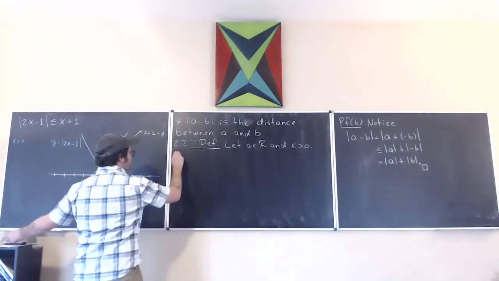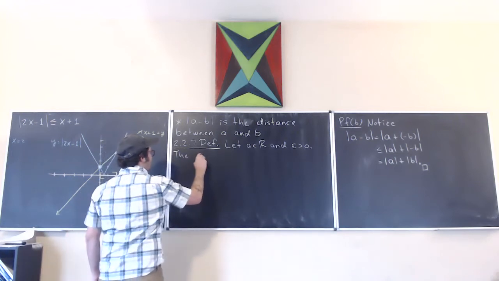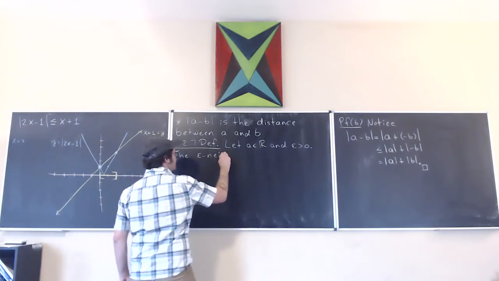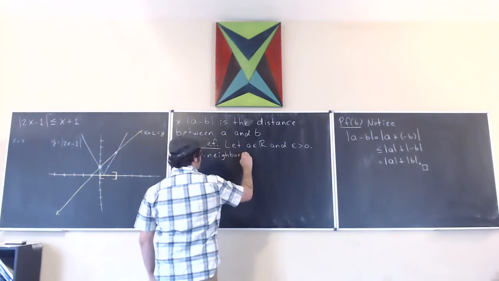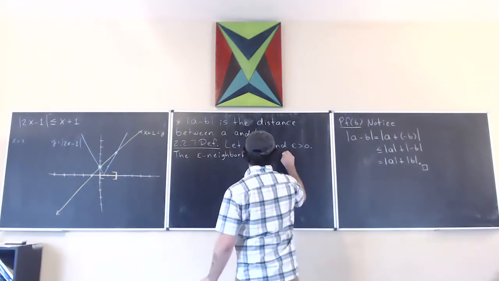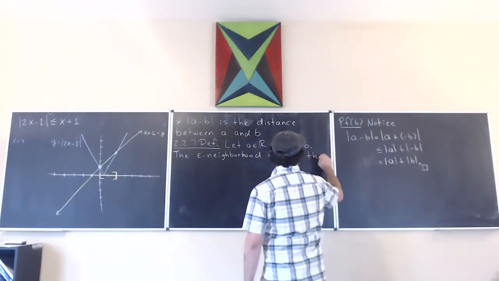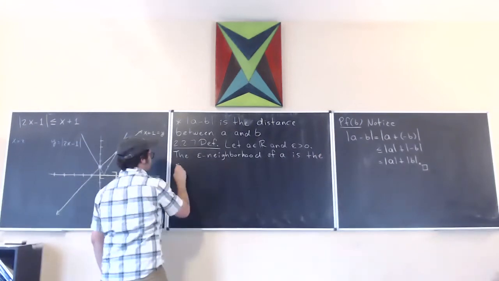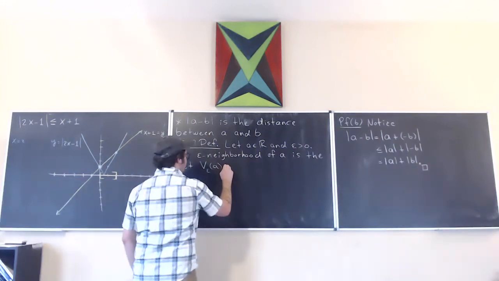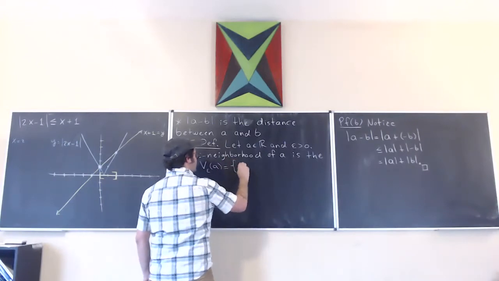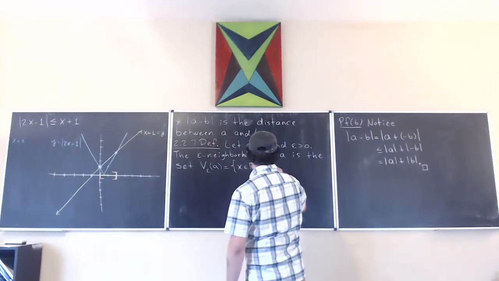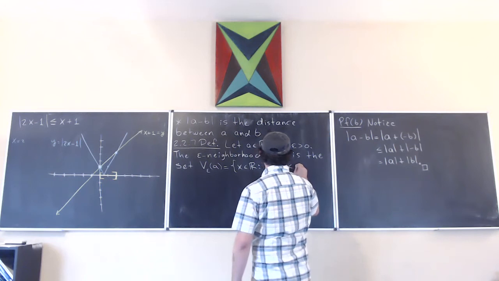So then the epsilon neighborhood of A is the set denoted by capital V sub epsilon of A. And it's the set of all real numbers x such that the distance from x to A is less than epsilon.